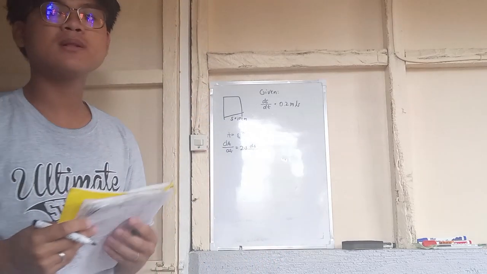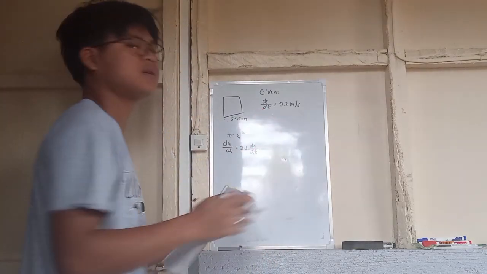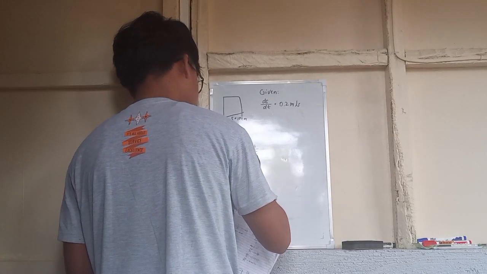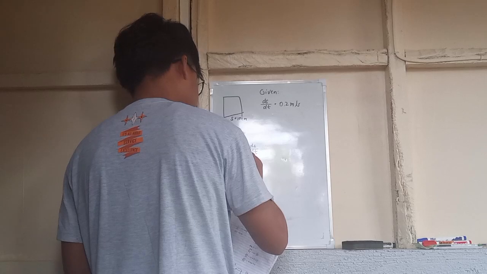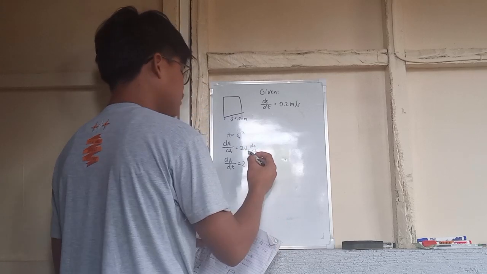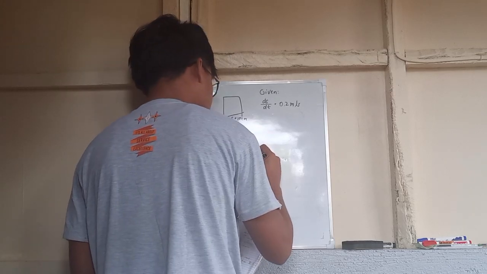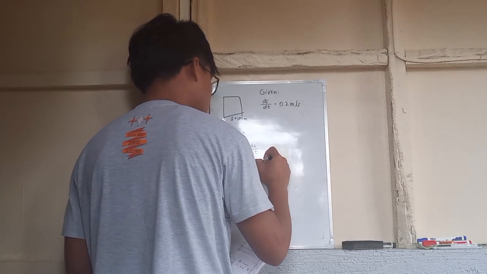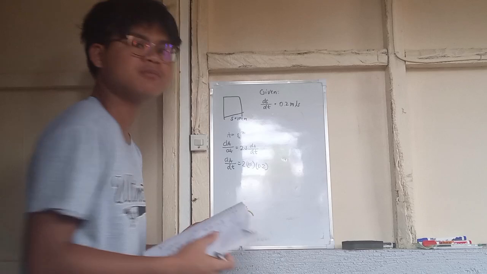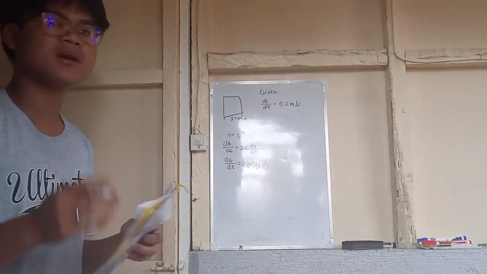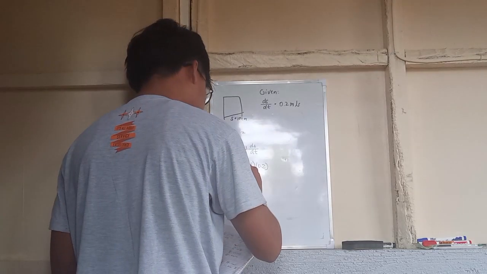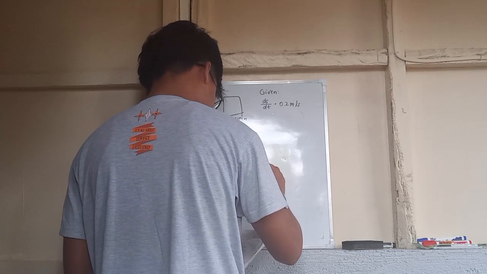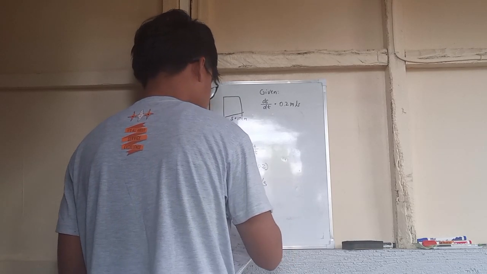Then we will substitute the given values in the problem into the formula. So dA over dt, copy, 2, then our side is equal to 15, then our ds over dt is equal to 0.2. Now that you have substituted the values, calculate, and you will get the value of 6 centimeters squared per second.